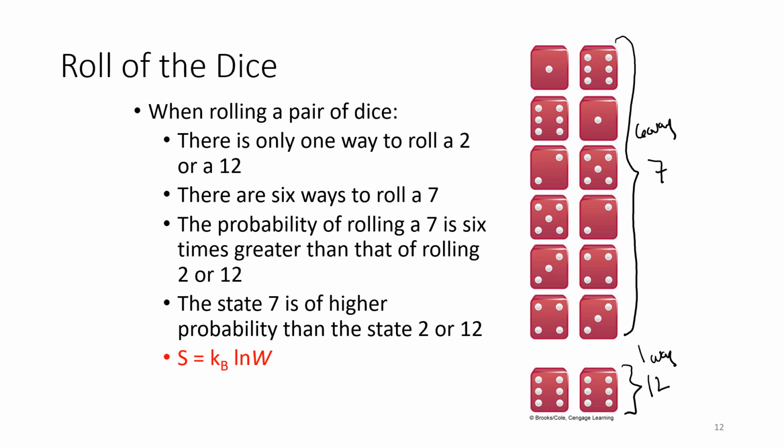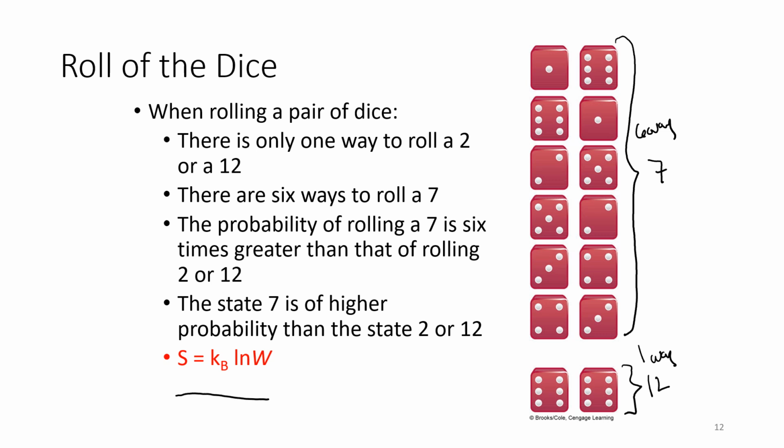We don't know which one you rolled. If you tell me that you rolled a 7, it actually could have been 6 different ways that you got there. If you tell me that you rolled a 12, there's only one possible way you could have done that, and that's rolling 2 6s.